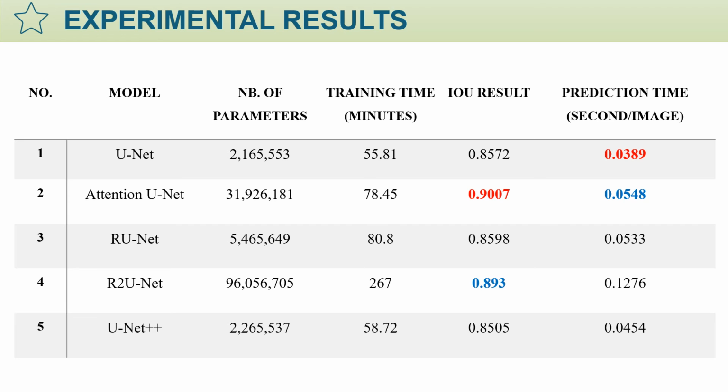Another noteworthy point is that the Attention UNet model has an exceptionally large training size, number of parameters, only behind R2 UNet, but the training time is relatively fast, and more importantly, the average prediction is 0.0548 sec/image. It is the third fastest after UNet and Plus, which are 2 models with far less parameters.